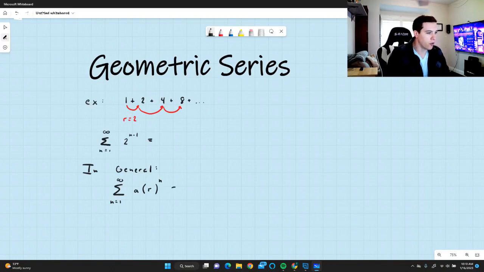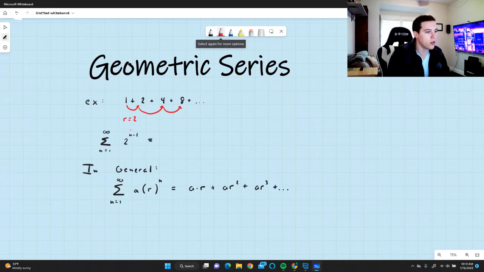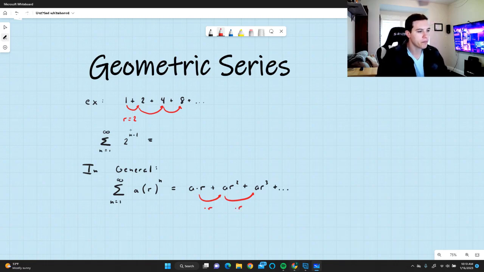That's the format. So if you were to plug in 1, the first term would be a times r. If you plugged in 2, the next term would be a times r squared. If you plugged in 3, the next term would be a times r cubed, on and on and on. And you can see that to get from one term to the next, all you're doing is multiplying times r, a common ratio.